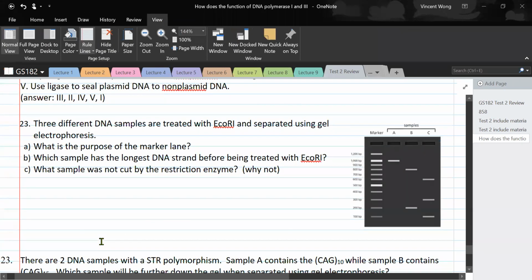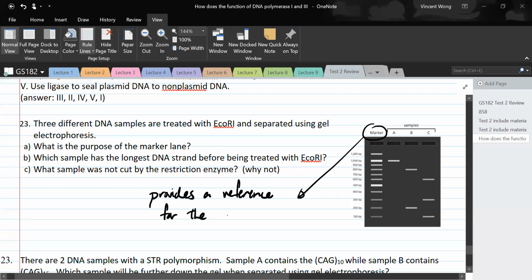Three different DNA samples are treated with EcoR1 and separated by gel electrophoresis. What is the purpose of the marker lane? This is the marker lane, and the marker lane provides a reference for the size of DNA fragments.